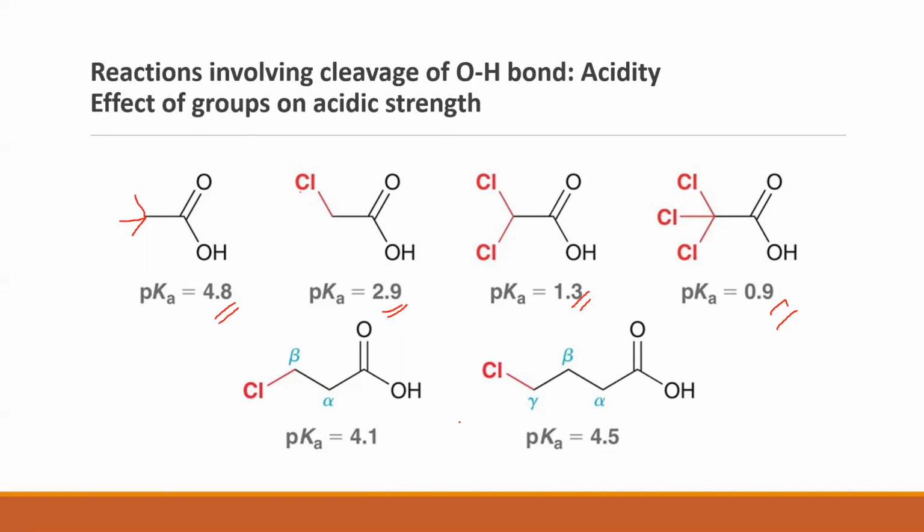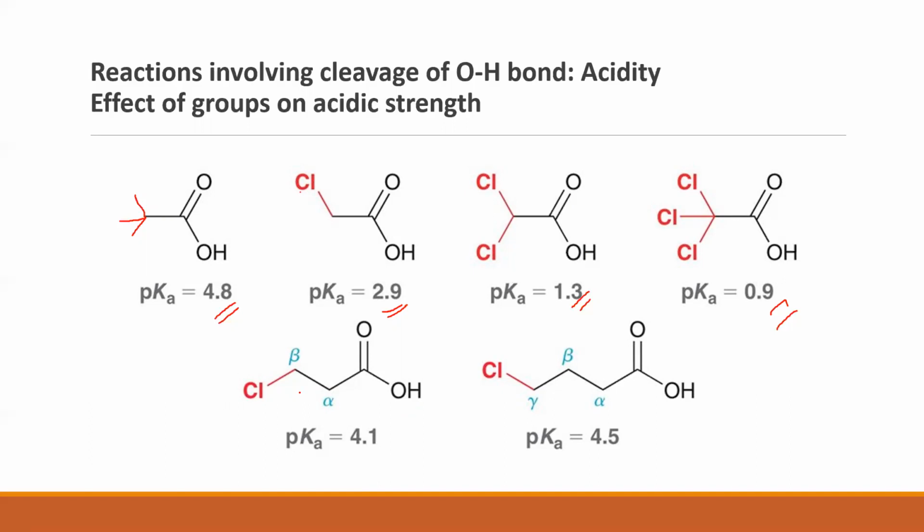So I want you to look at these two compounds and find out the variation. Yeah, you're able to figure it out? Yes. The difference is the position of the halogen.